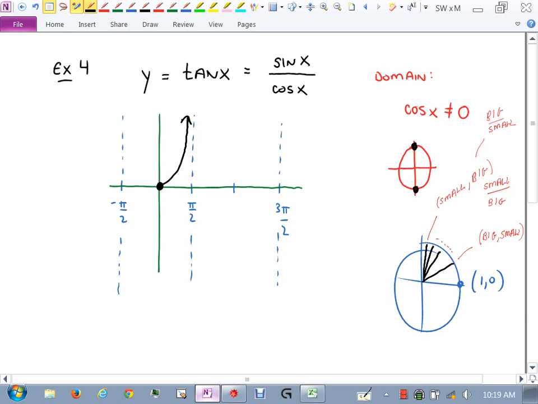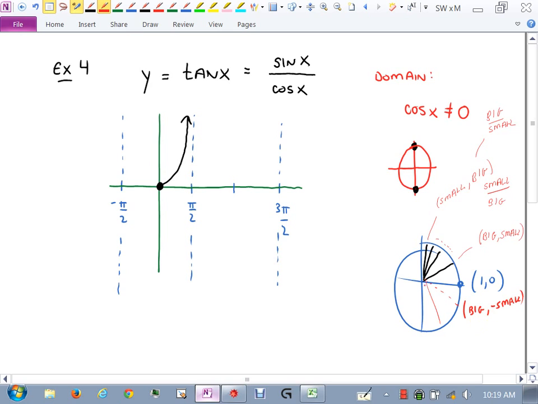Now, what happens on the other side? So between the angle 0 and negative pi over 2, aren't you rotating down this way now? So we have the same sort of pattern. Initially, this point right here has a big x-coordinate and a negative small y-coordinate, right? Sorry, this is very tiny over there, but I'm trying to squeeze it in. It's negative small, because your y-coordinate's negative, and then your x-coordinate is big.